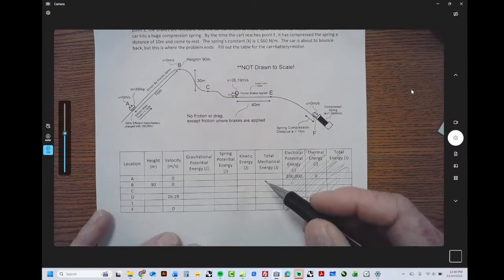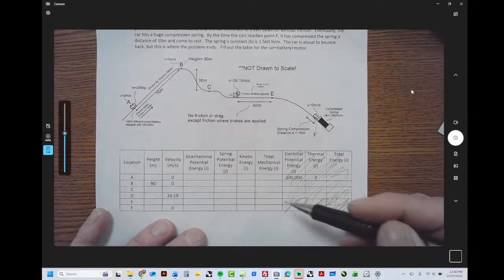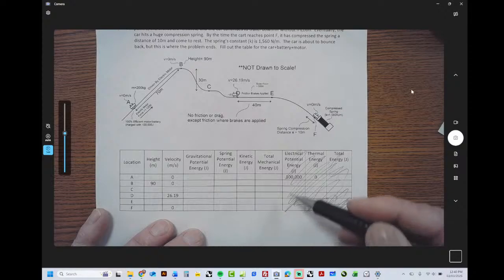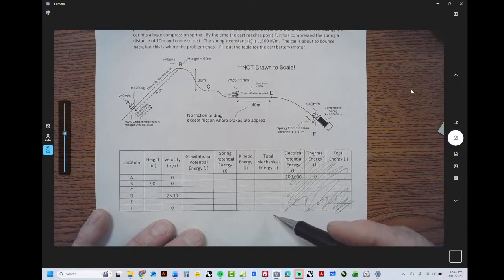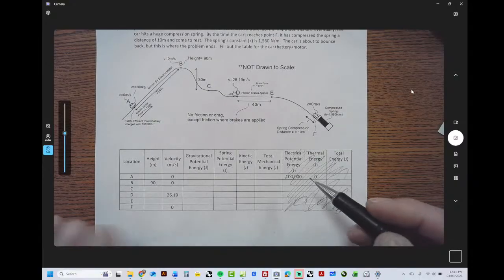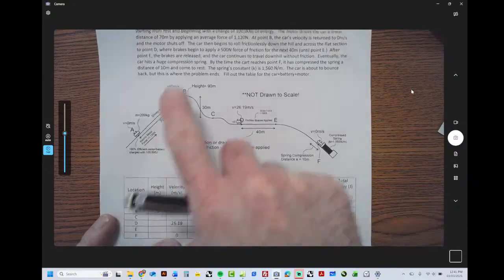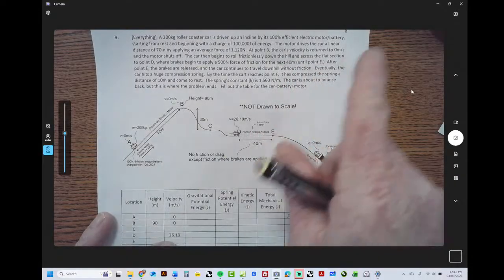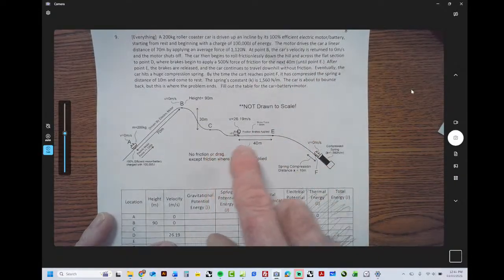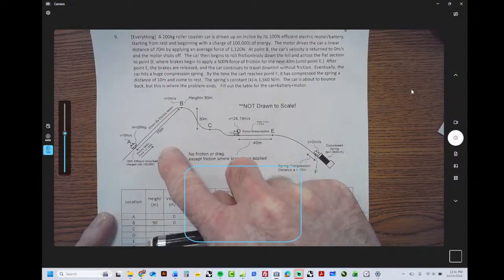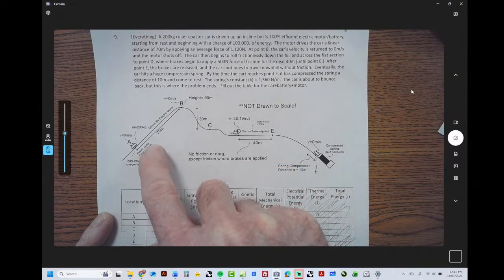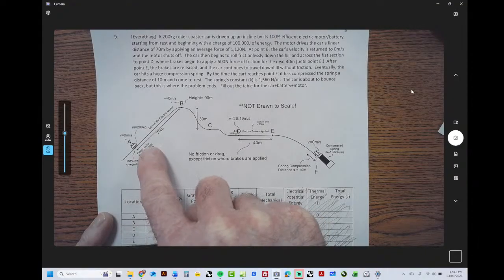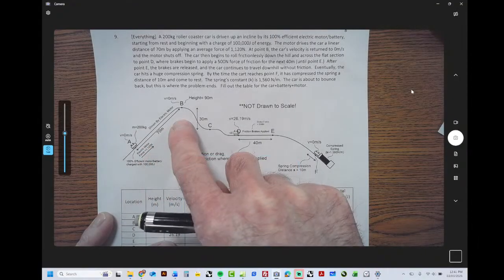And what I would do first is figure out where those places are and make a little note over here in the mechanical energy column, because it's always going to be the same as long as there's no positive or negative work done. I'm not going to read all this, but if you do read all this, you'll read at some point that the electric motor here is doing some work. It's exerting a force on the car over a distance.